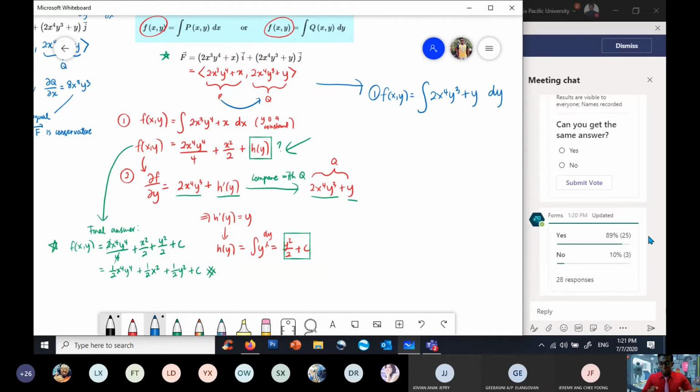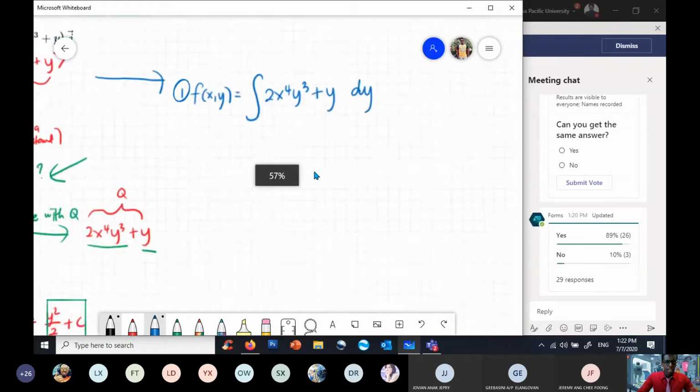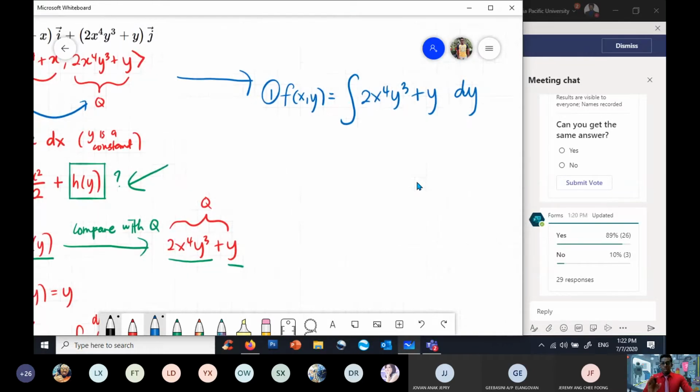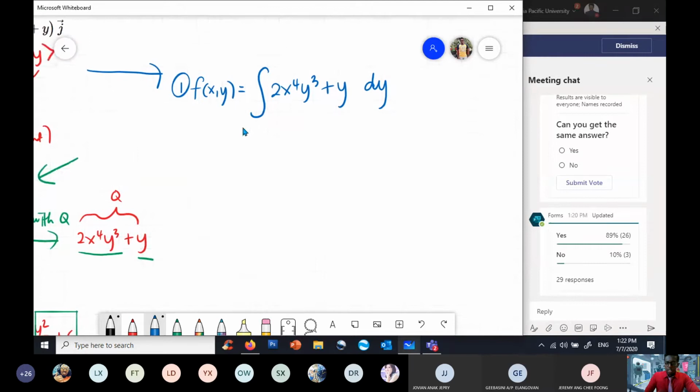Let me just repeat the steps very quickly so that you can see if my working and your working differ anywhere. If I start from y, let me integrate this with respect to y. I'm going to get 2x^4 y^4 over 4. Integrate y with respect to y, you'll get y squared over 2. Not plus c, but plus h(x), because x is now a constant.